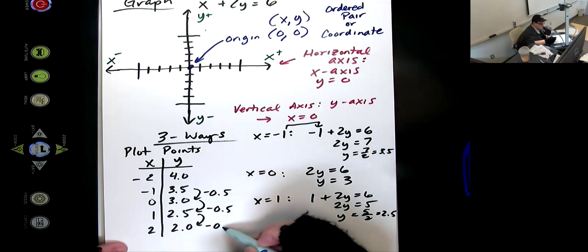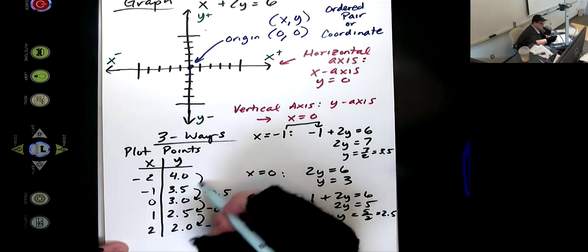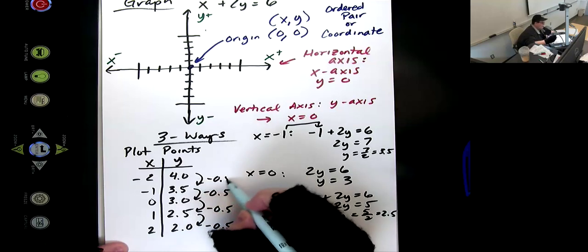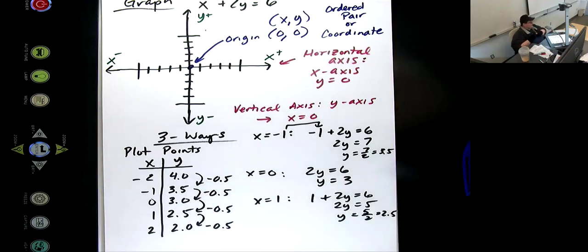So that makes sense, it should continue, which means it should have gone down 0.5 from there. So you gotta go up if you wanna go the other direction. You can always verify it. So that looked legit.